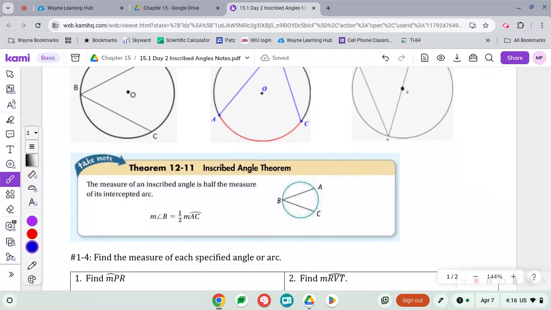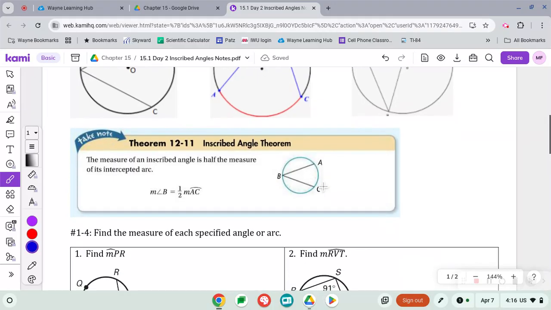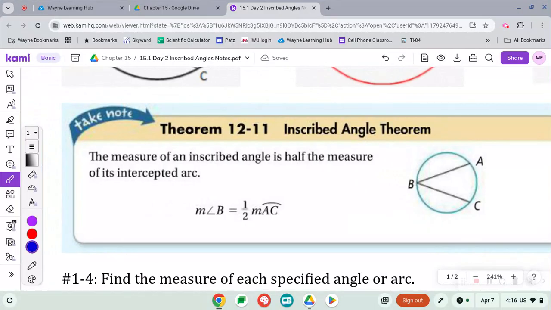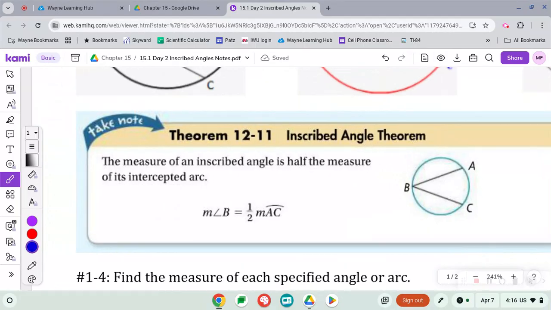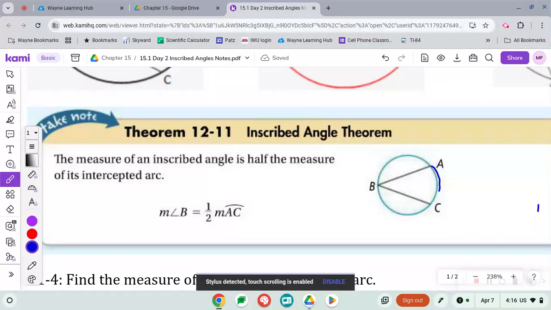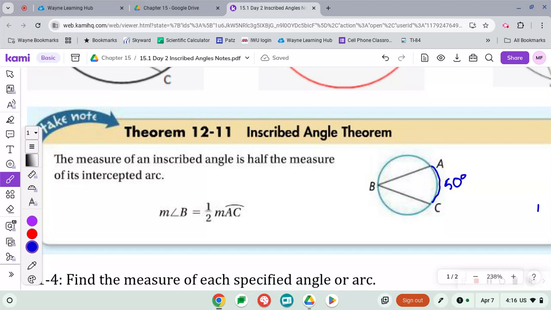Yesterday we talked about how with a central angle, the arc was the same as that central angle. That's not the case with an inscribed angle. On an inscribed angle, the angle is half the measure of the intercepted arc. What do I mean by that? Well, it says here that angle B is half of the measure of arc AC. So if from A to C this chunk was, say, 50 degrees, that would tell me that angle B was 25 degrees.